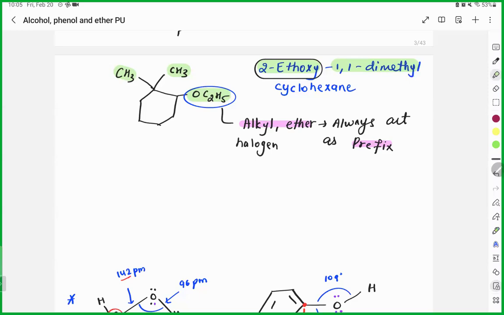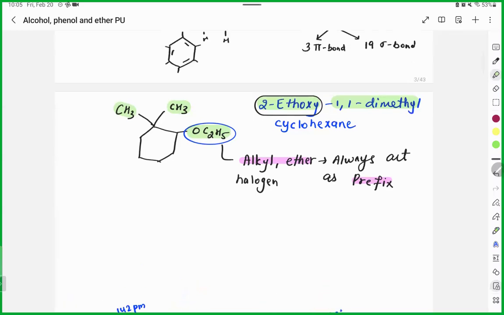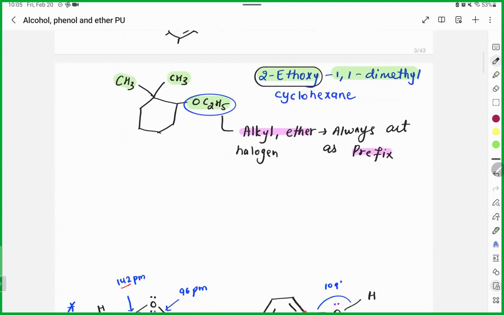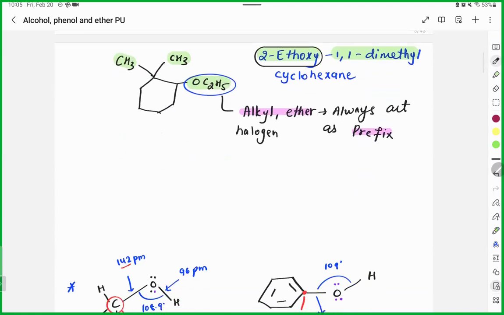It means here also it is acting as prefix. Not only here, wherever you are seeing, example, if you see this word hexoxy, so oxy is present in the prefix form, not suffix. Always prefix.